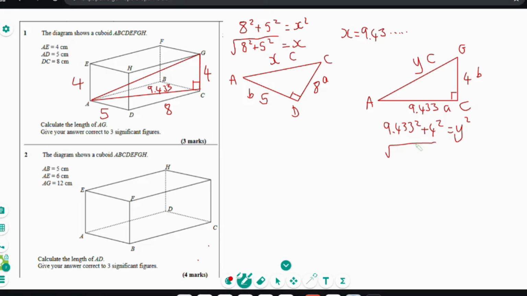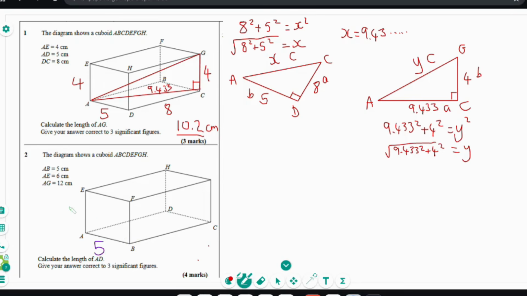So square, add, square root. I will use the answer button on my calculator because I've got the 9.433 as an answer. So I'll do square root of answer squared plus 4 squared, which gives me AG is 10.2 to 3 significant figures, 10.2 centimetres.